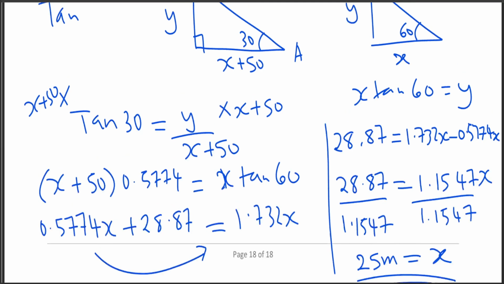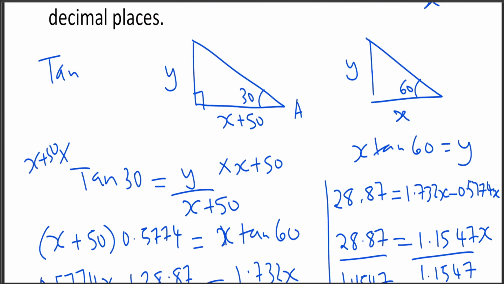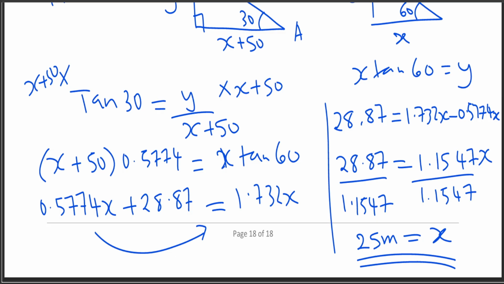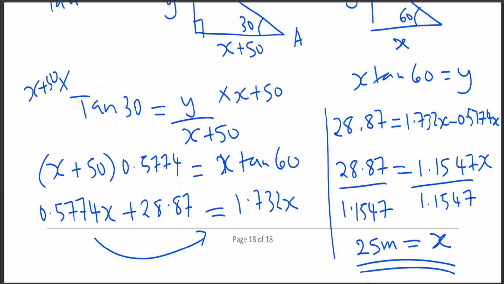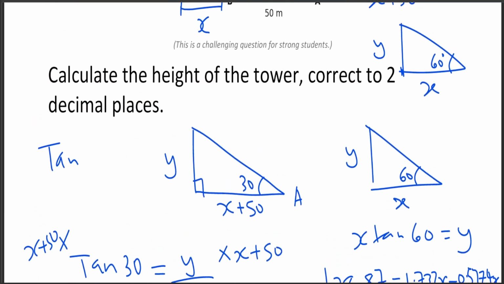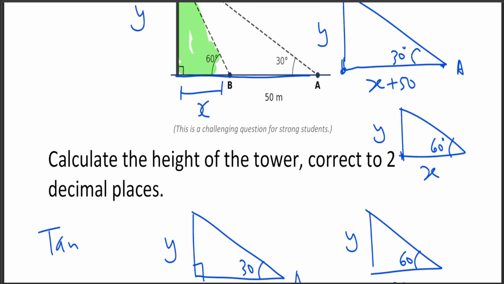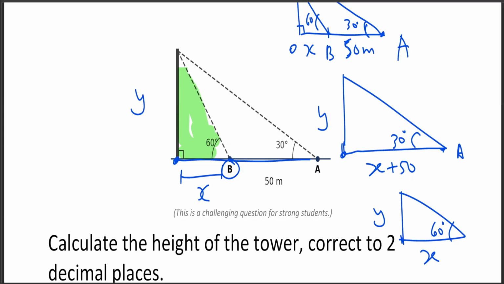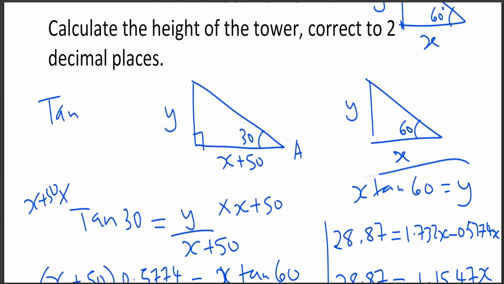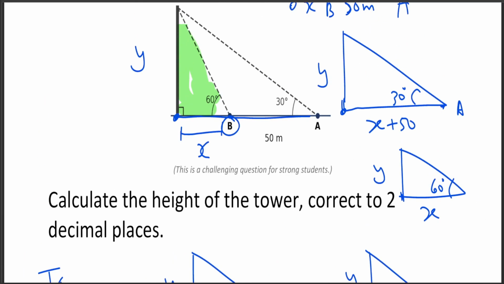So this is not the height of the tower, by the way. This is the distance from B to the tower. Remember, kuna pahali tumeandika x tan 60 is equal to y.